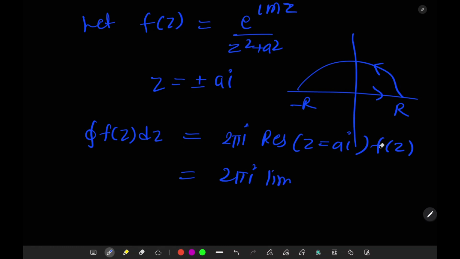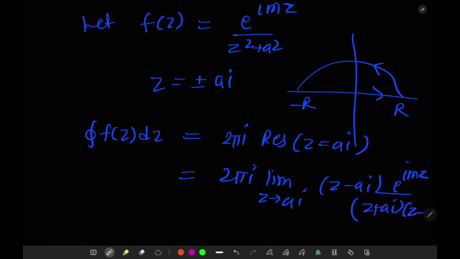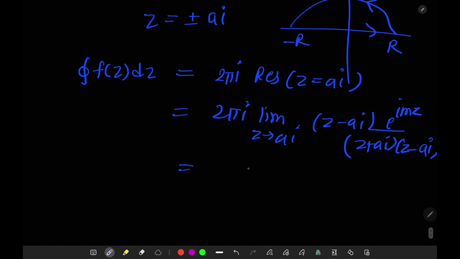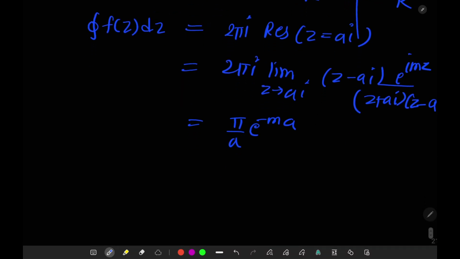Now limit z tends to a iota of (z minus a iota) into e raised to power iota mz divided by (z plus a iota) into (z minus a iota) equals, on solving this, we get pi by a e raised to power minus ma. Now using the Cauchy residue theorem, we get this value.